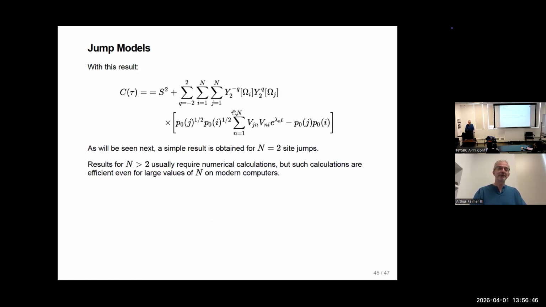You end up with a general result that depends on the spherical harmonics in the different sites I and J, the populations of the I and J sites, and an exponential term with an eigenvalue, summed over all the eigenvalues.